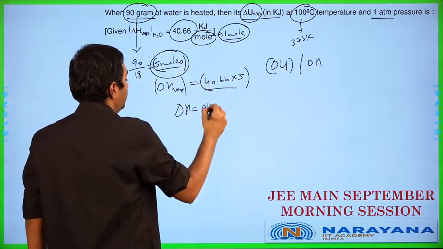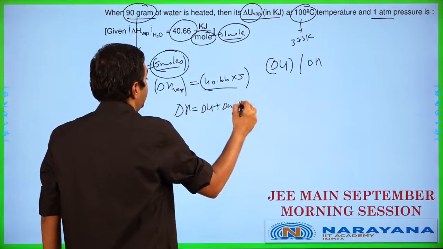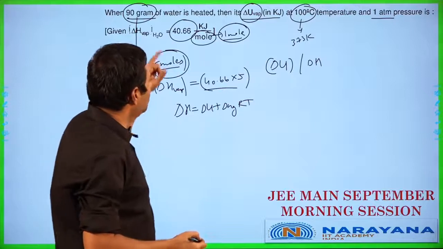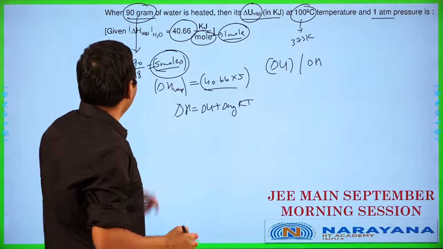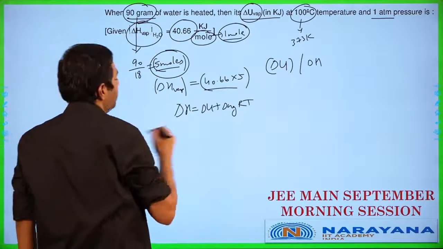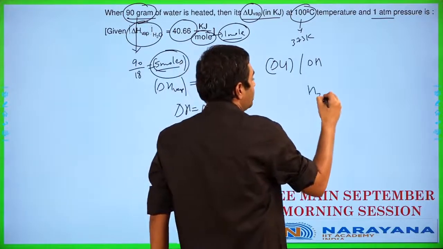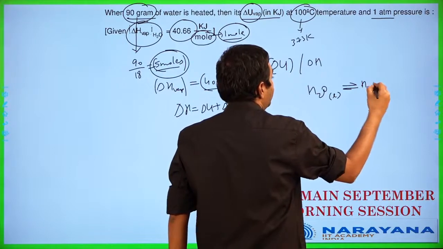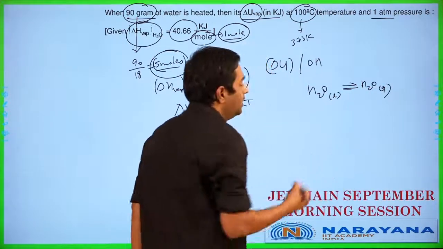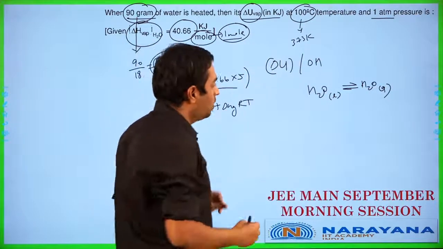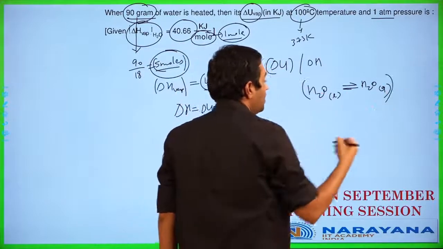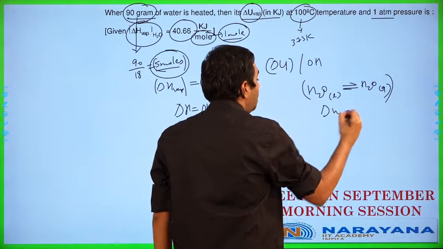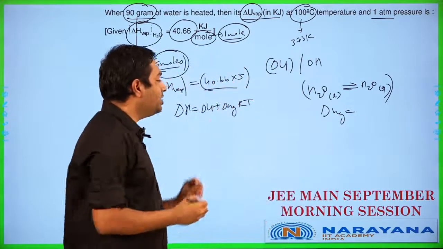Delta H is equal to delta U plus delta Ng into RT. So let's write down the equation here. What is happening here? Water is heated and is going to be converted into vapor. The equation in the question is H2O liquid being vaporized and made into H2O gas. If H2O liquid is converted into H2O gas, we will definitely end up having delta Ng. What is delta Ng in this particular case?